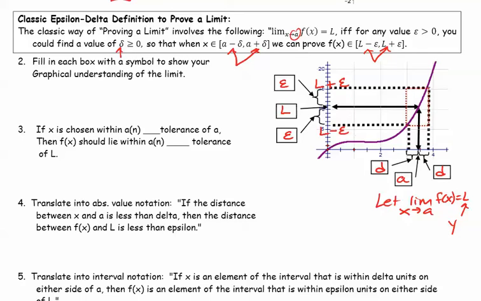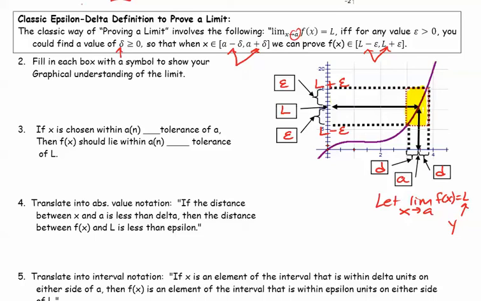So remember that we did these tolerance window problems already, specifically to get you used to this idea. So if we chose anywhere within that tolerance window, if you chose an x between a minus delta and a plus delta, then your y-coordinates would be guaranteed to stay between L minus epsilon and L plus epsilon.